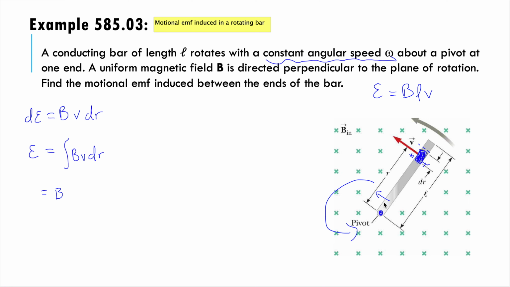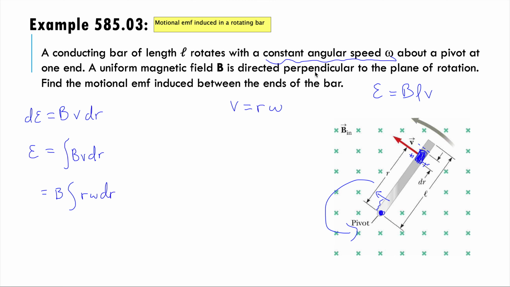The closer that you are to the pivot point, the smaller the r, the smaller the V. If you have a big r, you have a bigger V. And hopefully you remember from Physics 1, V equals r omega, right? That's the equation that tells us if you have a constant angular speed omega, then the bigger the radius, the bigger the linear speed. All right, so what we can do is rewrite V as r omega, dr.